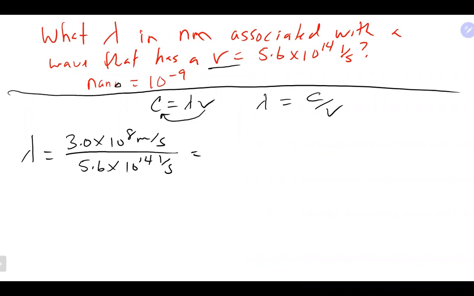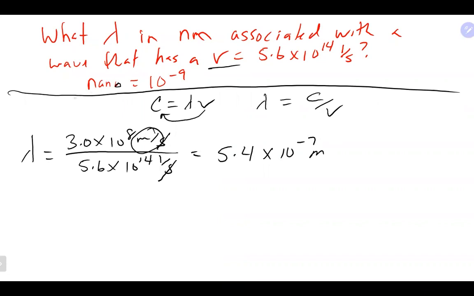We want to make sure we use our exponent button here. So that's 3 exponent button 8 divided by 5.6 exponent button 14. That gives me about 5.4 times 10 to the minus 7. The seconds cancel, leaving us with meters.